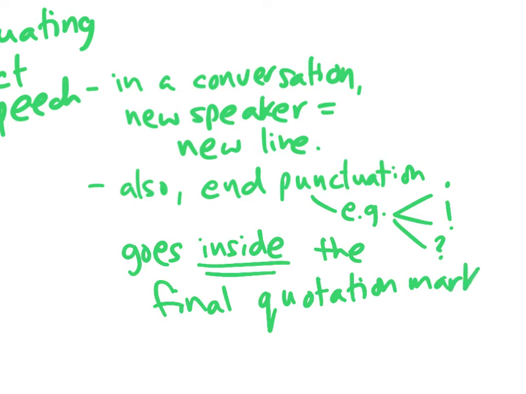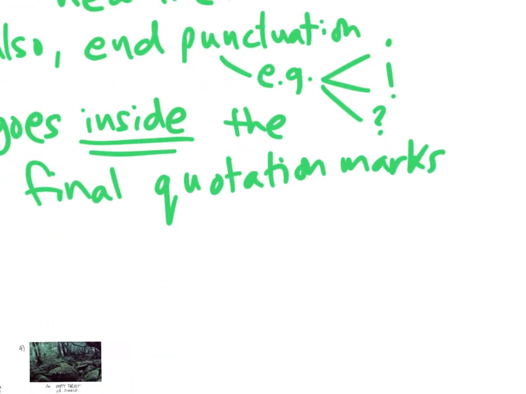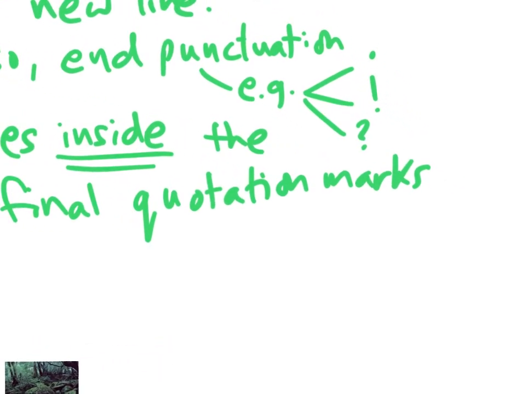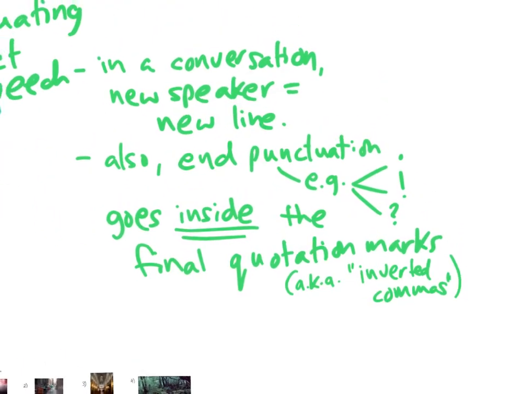And if you've been in my class before, you'll probably have heard me say, we don't call them speech marks in high school. That's primary school way of talking about them. We can call them quotation marks, also known as inverted commas. So make sure if you're doing direct speech that your punctuation at the end goes inside those final quotation marks or inverted commas.